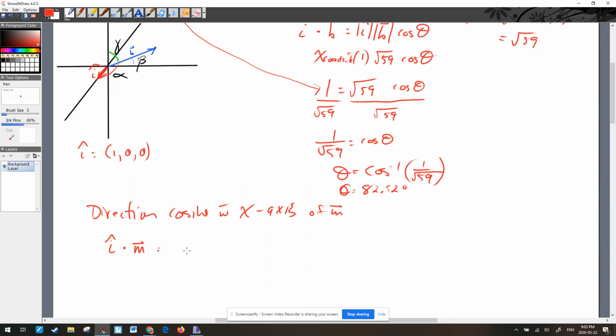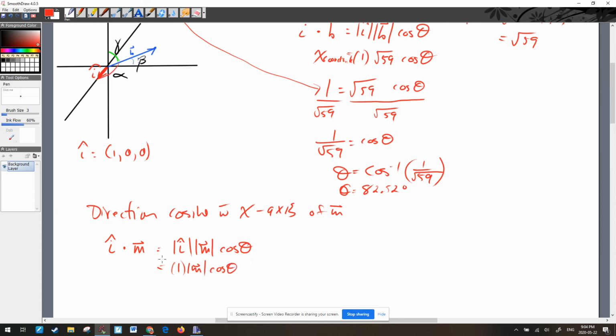It's going to be equal to, again, I'll write it out and we're going to simplify this, the i hat magnitude times the magnitude of m times the cosine of the angle. Well, this is always going to simply be 1, right? That's always going to be 1. And then the magnitude of m is just the magnitude of m times the cosine of theta.